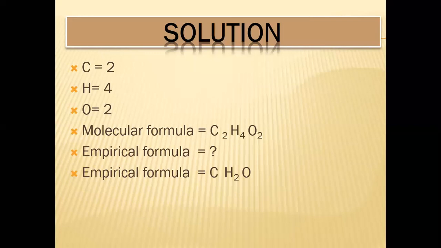They both have different formulas. Glucose has the formula C6H12O6, while acetic acid has the formula CH3COOH. They are different compounds with totally different characteristics, but after simplification, we get the same empirical formula. So different compounds can have the same empirical formula.